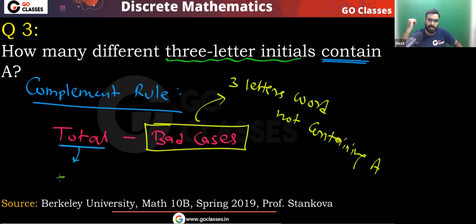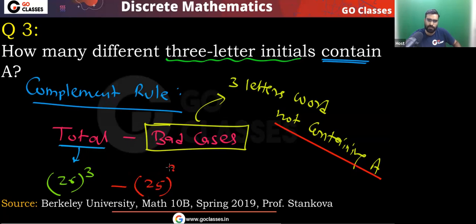The total is simple, that is 26 power 3, minus not containing A, which is 25 power 3. So this is your answer.